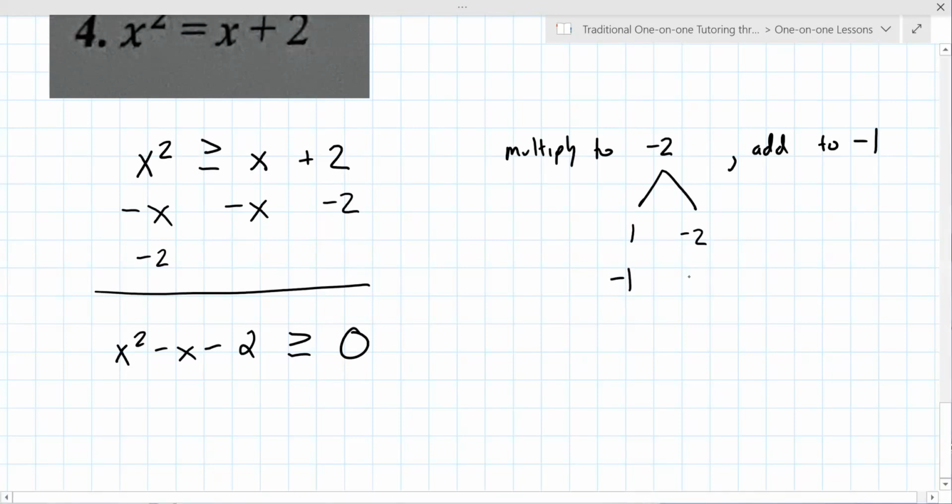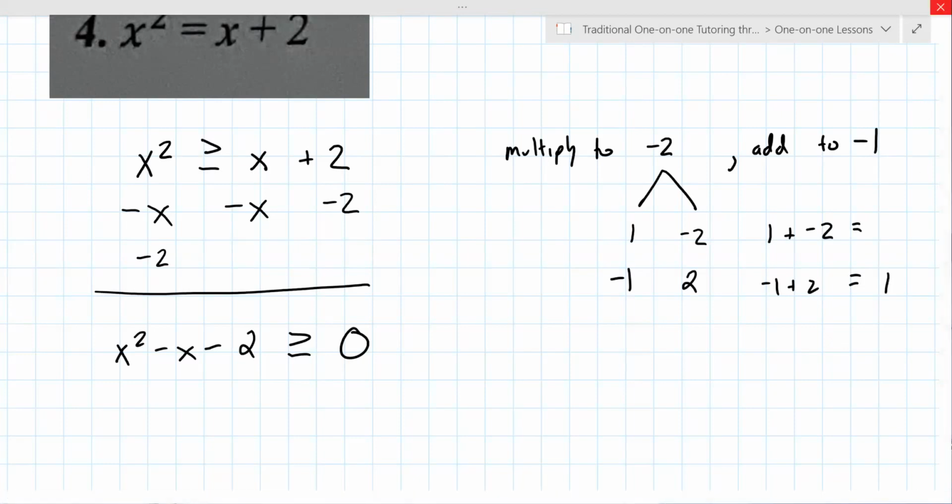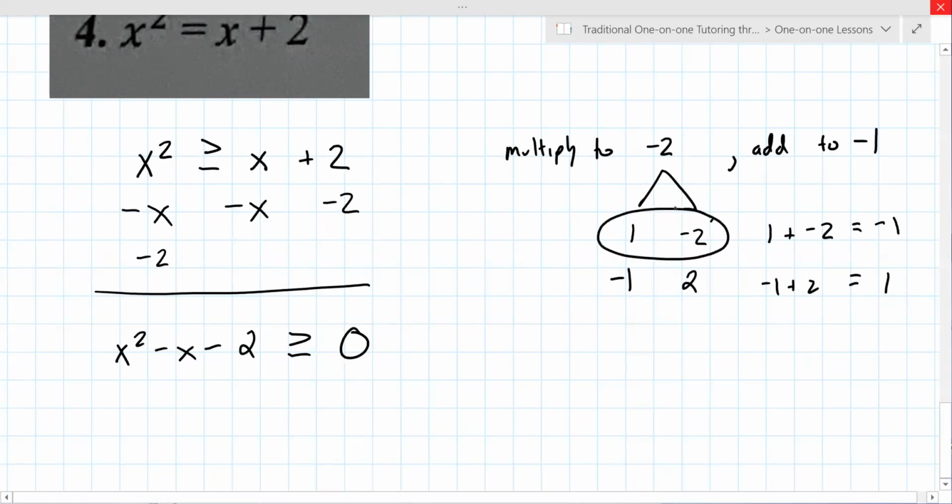But it could also be -1 and +2. Which of these adds to -1? -1 plus 2 adds to +1. 1 plus -2 adds to -1. So we want this first pair of numbers.